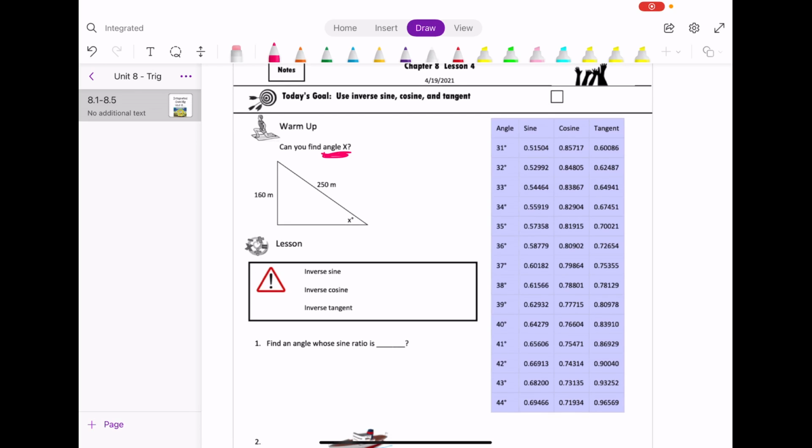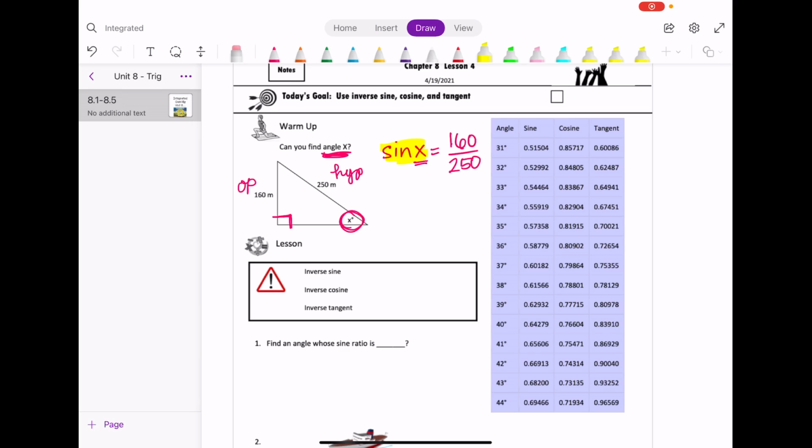So if I'm looking for this angle x here, this is my right angle, I have the opposite and the hypotenuse. I can set up a sine ratio, but my variable is here. Now I need to undo this sine function.